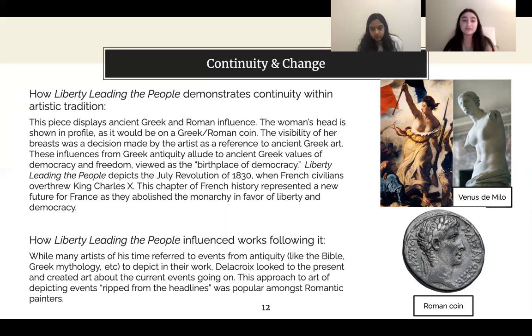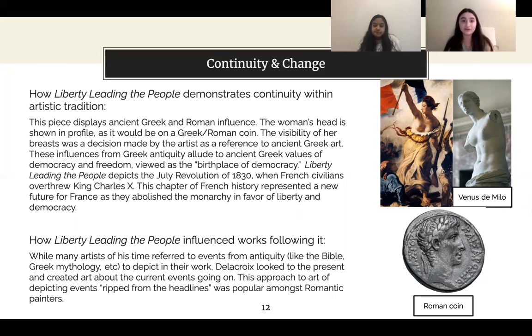These influences from Greek antiquity allude to ancient Greek values of democracy and freedom, Greece being viewed as the birthplace of democracy. Liberty Leading the People depicts the July Revolution of 1830 when French civilians overthrew King Charles X. This chapter of French history represents a new future for France as they abolished the monarchy in favor of liberty and democracy.